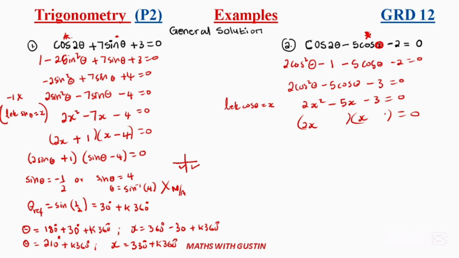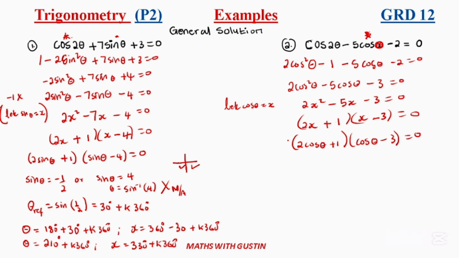Two factors that multiply to give 3 are 3 and 1, negative here, plus over there. Great stuff. So you can substitute back and say (2 cos theta plus 1)(cos theta minus 3) is equal to 0.